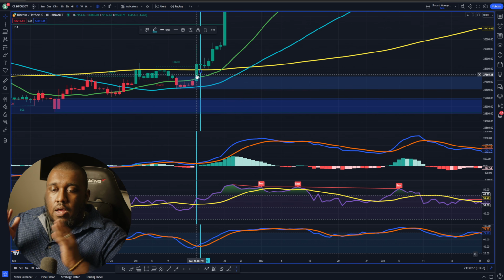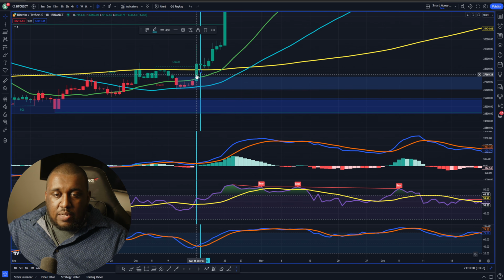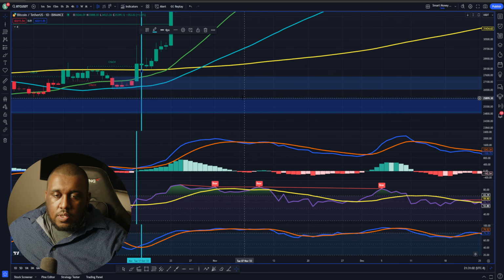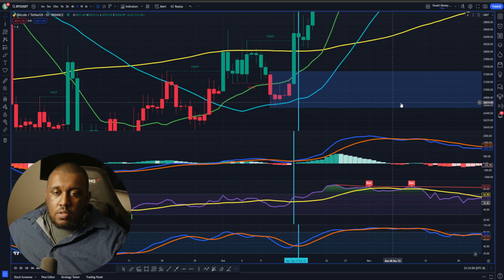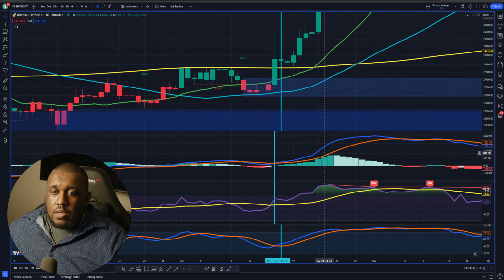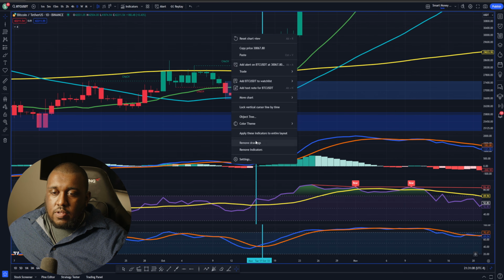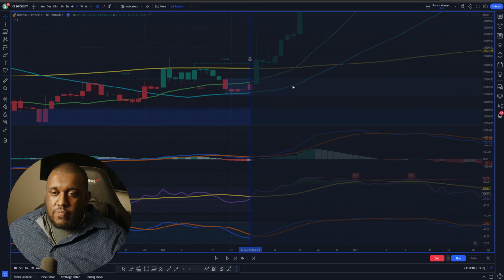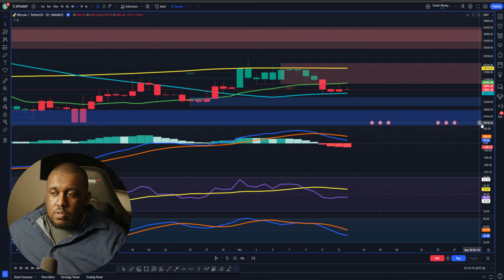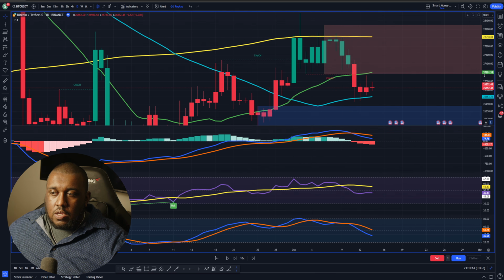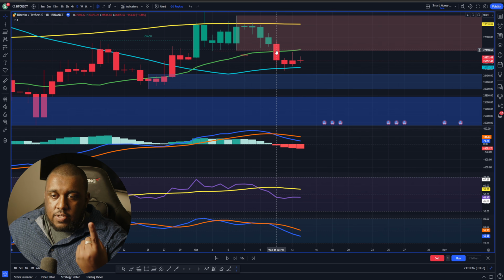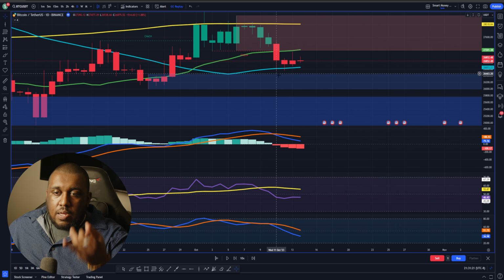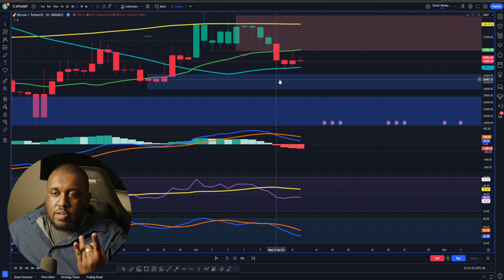It's simple. Now, a few things I want you guys to understand here. If I were to get rid of all these, and I go back over here to replay before this happened, you see how there's a sell signal here, a sell signal here, a sell signal here, and a sell signal here, but there's this fat order block right here.